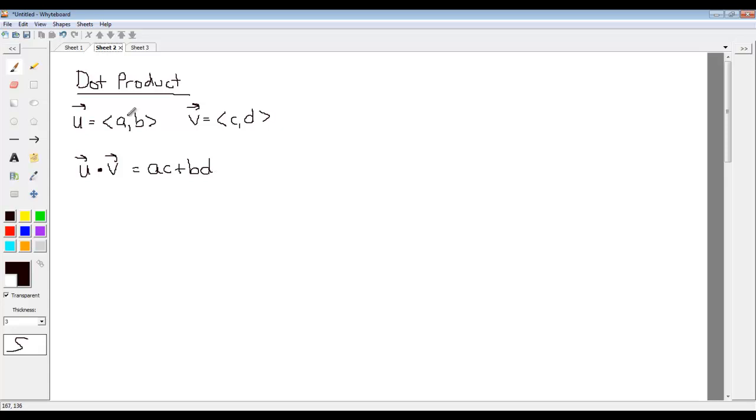So you take the first components, the horizontal components, a times c, plus the second components, b times d, and that equals the dot product of the two vectors.